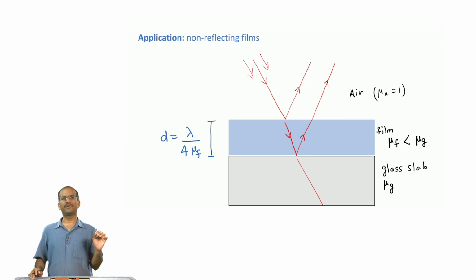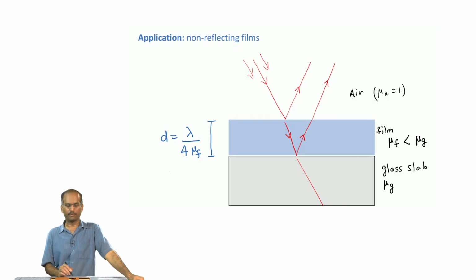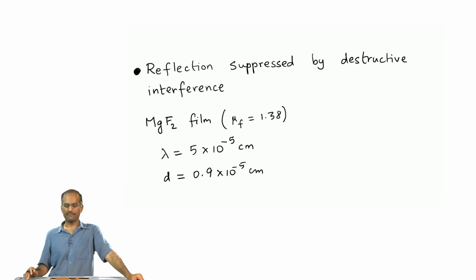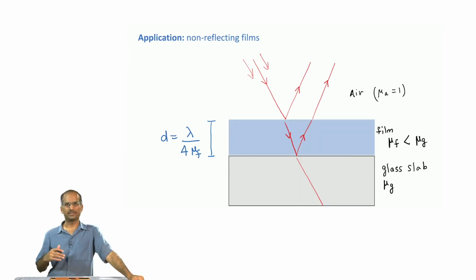If lambda is the wavelength of the incoming light, and the thickness of this glass slab is lambda divided by 4 times mu f, where mu f is the refractive index of this thin film, then the reflection is strongly suppressed, because of destructive interference.